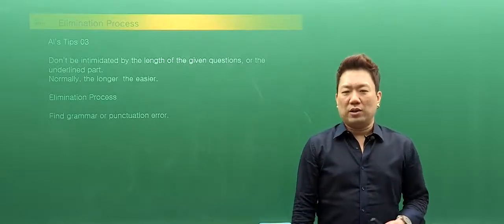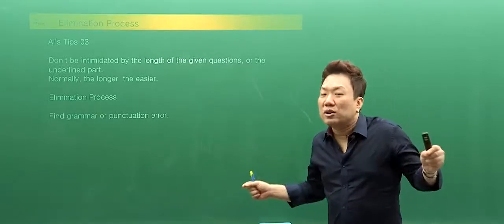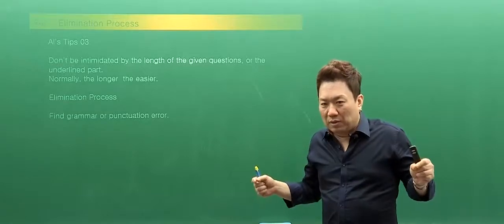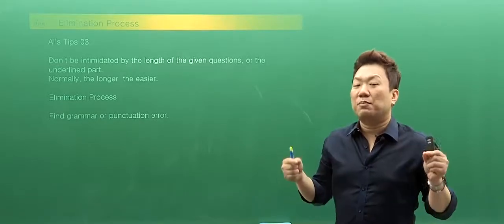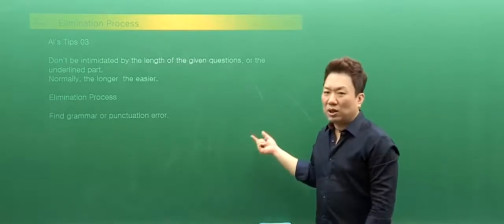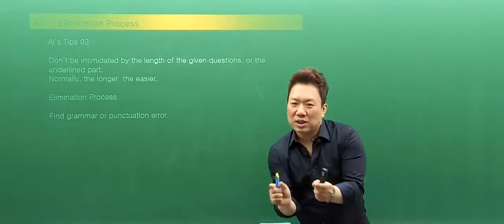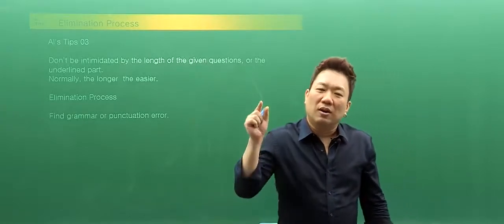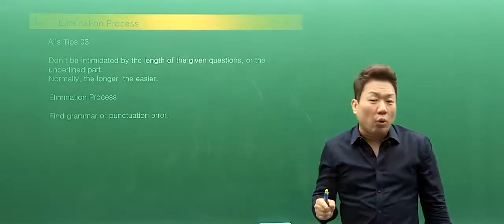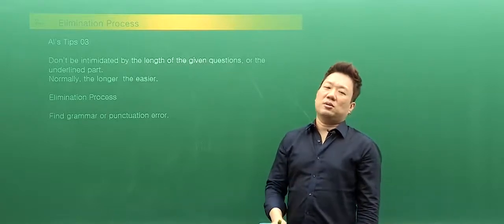Okay, always. The longer the question, the more often they contain what? Grammatical errors, especially punctuation errors, because those are related to combining two sentences. Then they normally use unnecessary conjunctions or unnecessary punctuation.